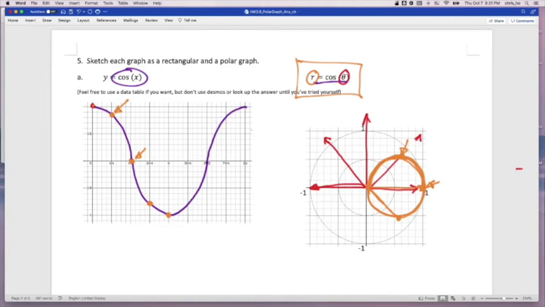So that would trace out the top half of this circle when the angle goes from 0 to pi over 2. As it goes from pi over 2 to pi, it's going to trace out an angle that is beyond pi over 2, but the length is now going to be negative. That means it needs to go in the other direction of the angle vector. That's why it traces out this point here.